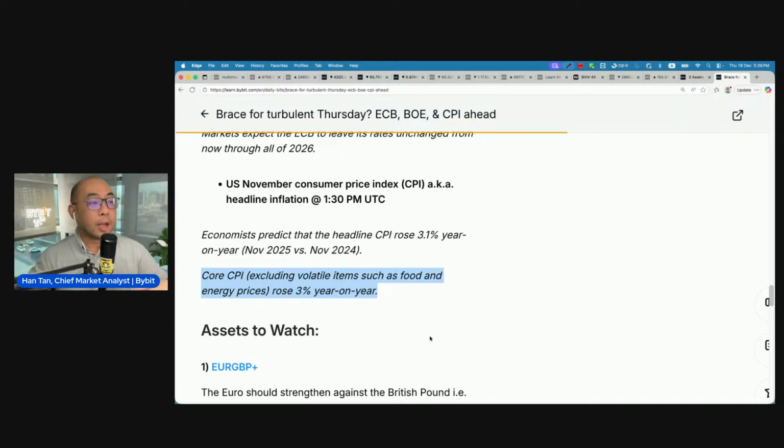So all these big names. So that index measures how that group of stocks perform. Consumer price index, the index measures consumer prices, or specifically the changes in consumer prices. So right now, economists predict 3.1% for the headline CPI and 3% for core CPI. So if it's above or below, then we can see some market moves.